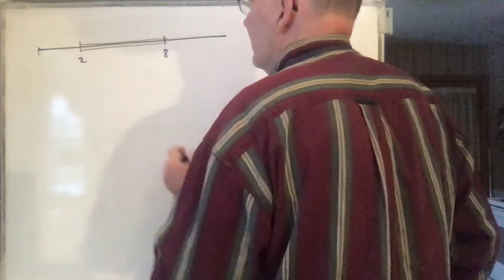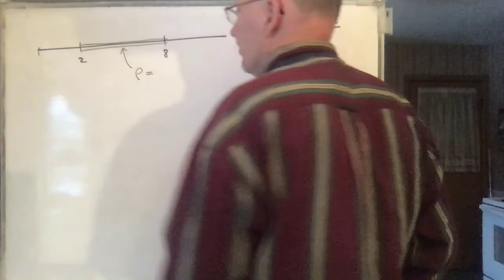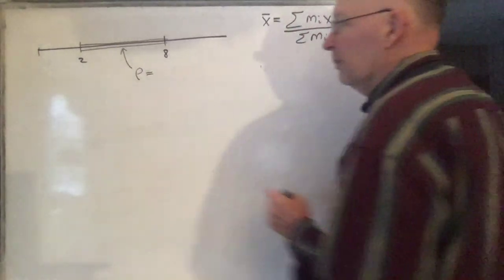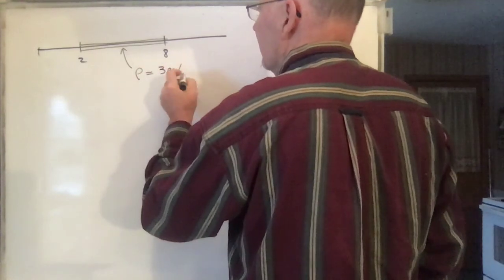And let's say that the mass density of that rod, sometimes you use rho for mass density, is, let's say, 3 grams per unit length.